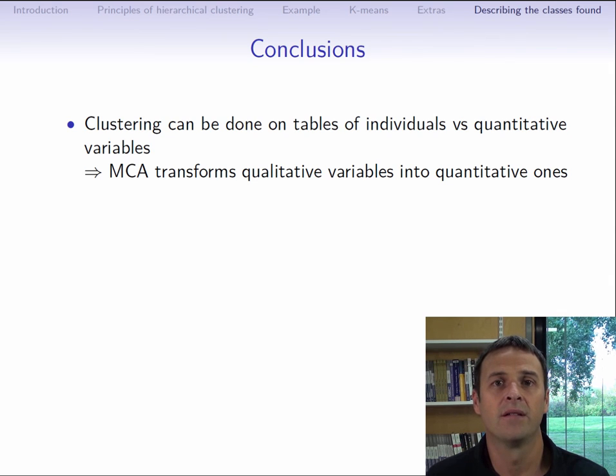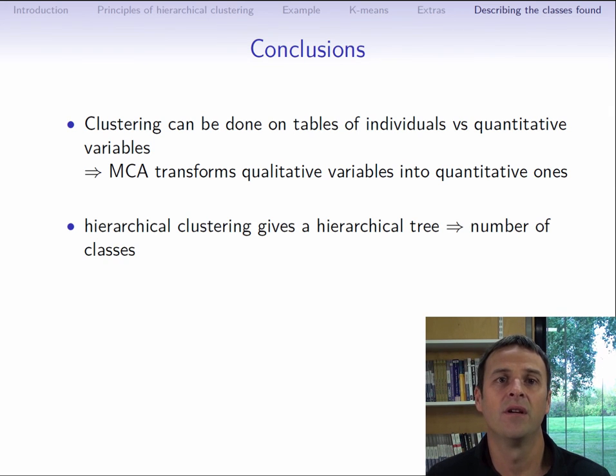First, clustering methods can be used on data which pairs individuals with sets of quantitative descriptive variables. However, if variables are qualitative, we can instead use MCA to transform them into dimensions, which are quantitative variables. Hierarchical clustering gives us hierarchical trees, which show distances between individuals and groups of individuals.